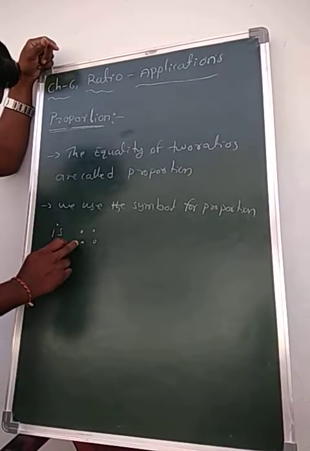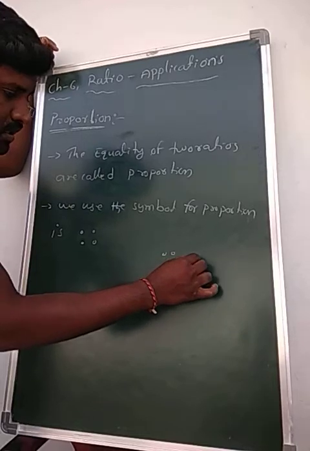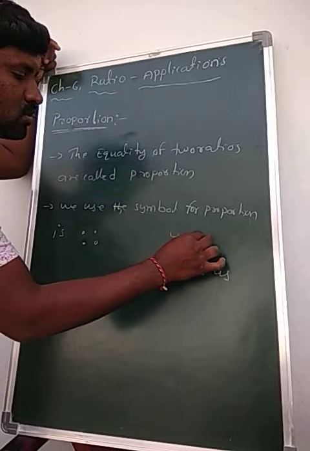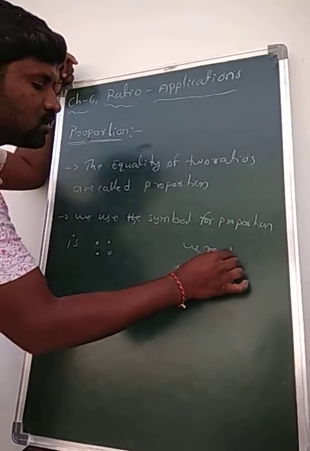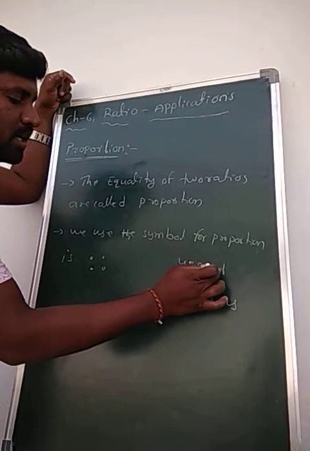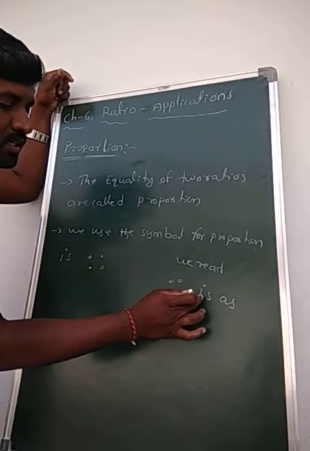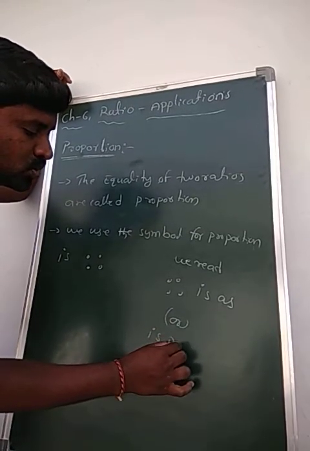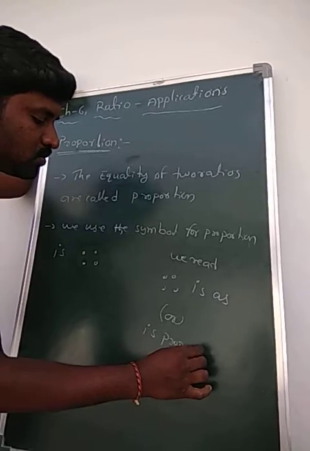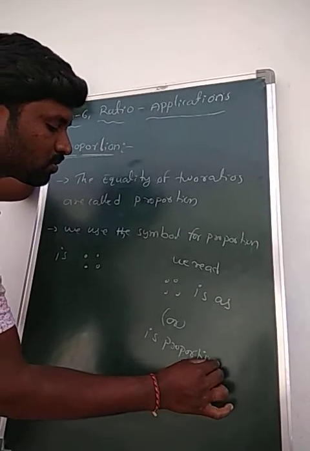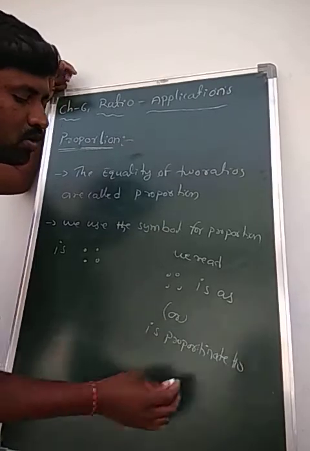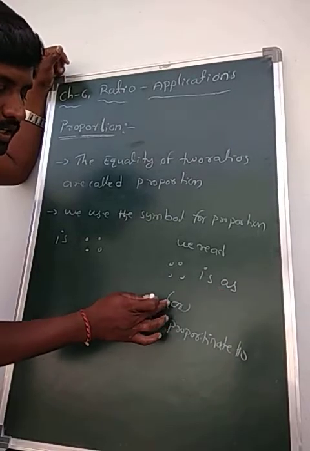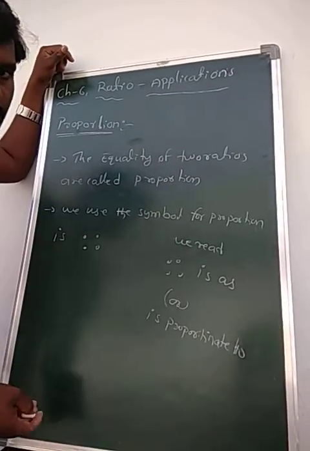We can read it as "is as" or "is proportionate to". Okay students, we can write this symbol as "is as" or "is proportionate to".